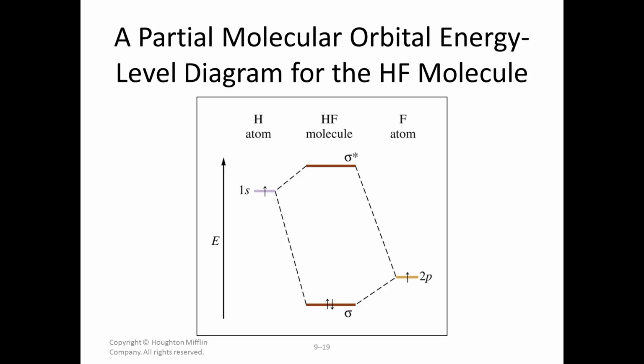Now, if we look a little bit more closely at hydrogen fluoride, which are very different atoms, we have to construct our new molecular orbital energy diagram, making a few assumptions. We'll assume only one p orbital from fluorine is involved and that the others are all localized.